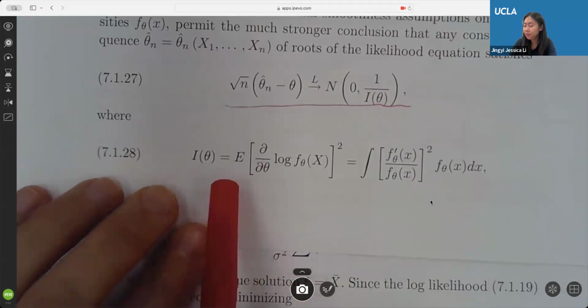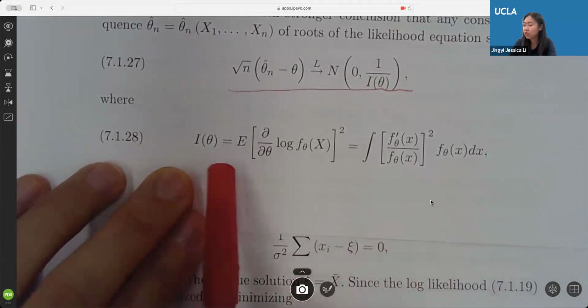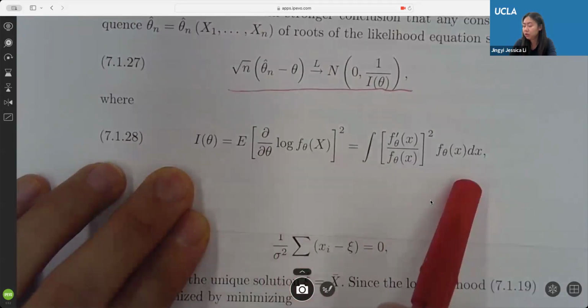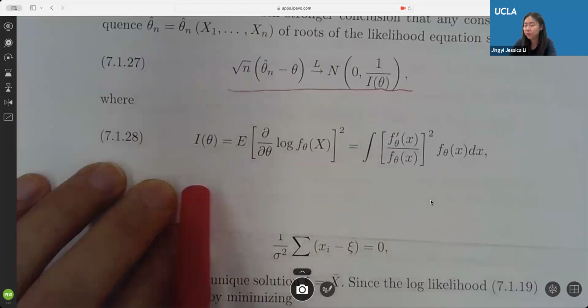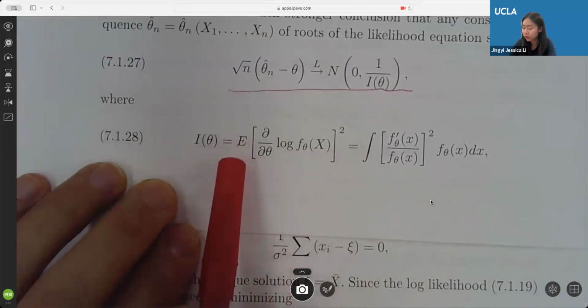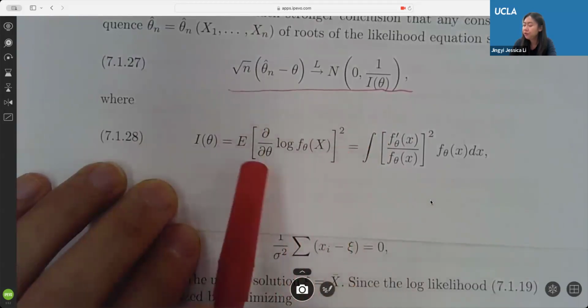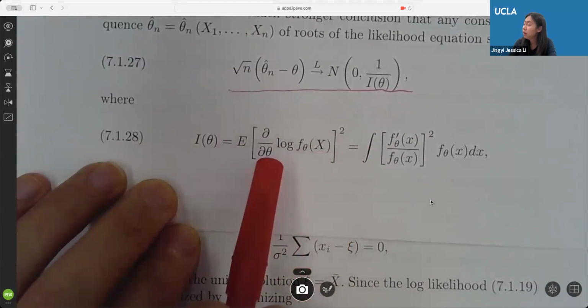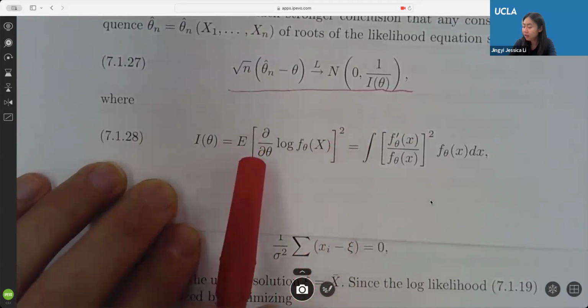What is Fisher information? Let's first introduce the definition, and then we will introduce some alternative definitions under more conditions. The straightforward naive definition, or I would say the first definition, is defined based on the expectation of the square of the first order derivative of the log likelihood at theta.